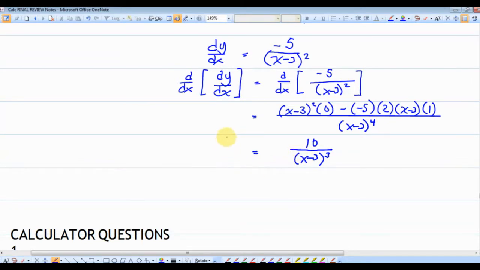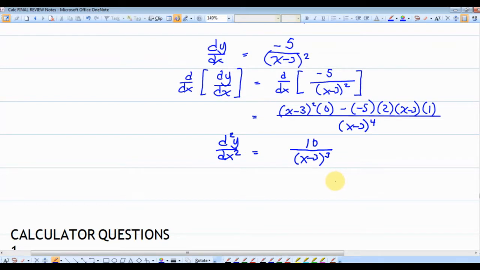Where's the 2? Isn't it negative? No, it's positive. Where did the 2 come from? The power rule: the derivative of x minus 3 to the 2nd power. Is that squared or cubed? It's cubed.